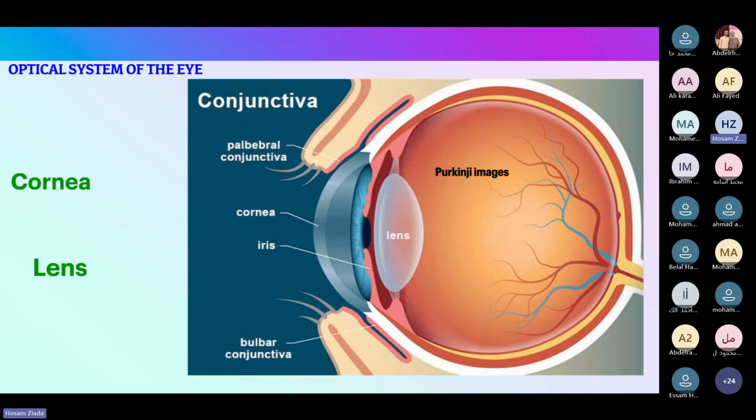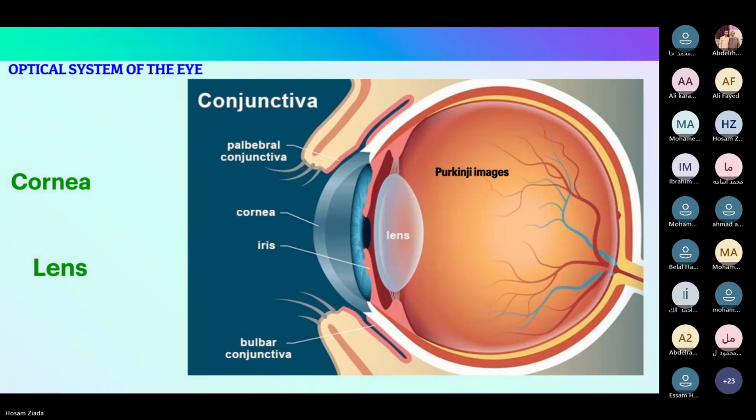The back surface of the cornea, two. The front surface of the lens, one. The back surface of the lens, two. So normally you can see four images of this lighted candle in the patient's eye, because of the reflected part of the light rays.